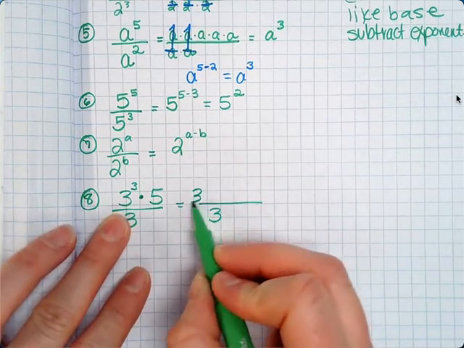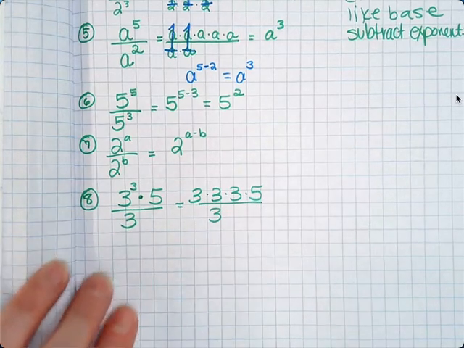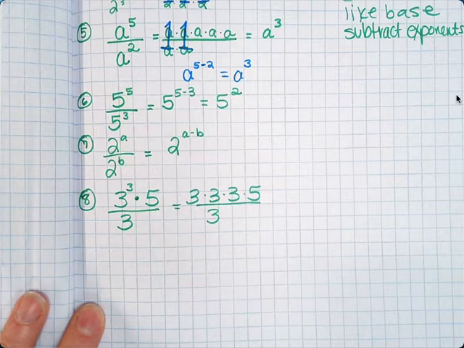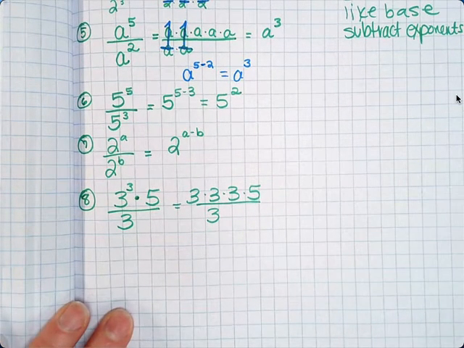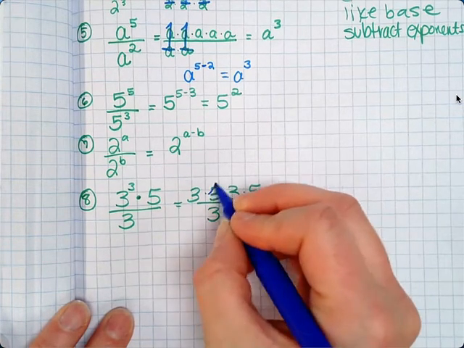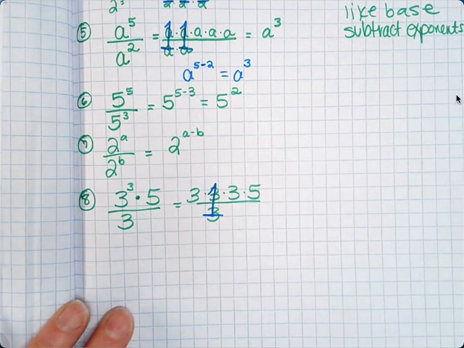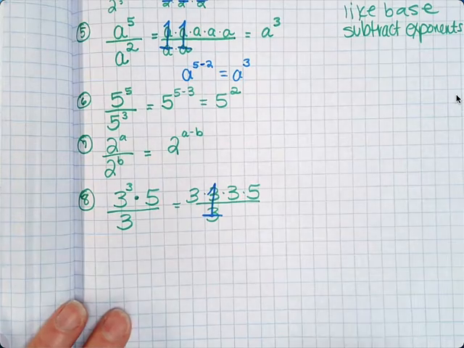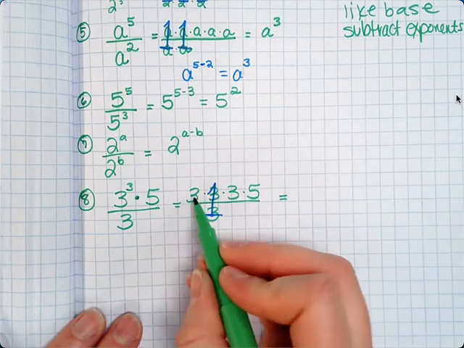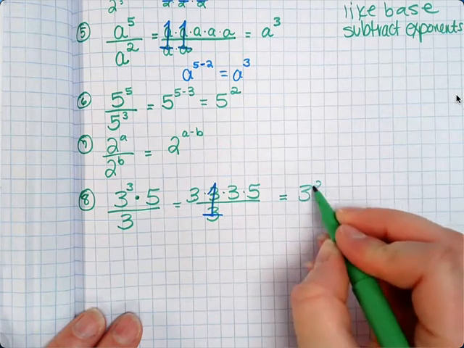And then we could expand it out. Which we still have a simplification there, which takes one of the 3's away from the top. And then the bottom one is gone. So we're just left with 3 times 1 times 3 times 5, which would be 3 squared times 5.